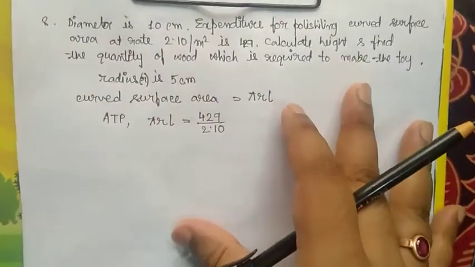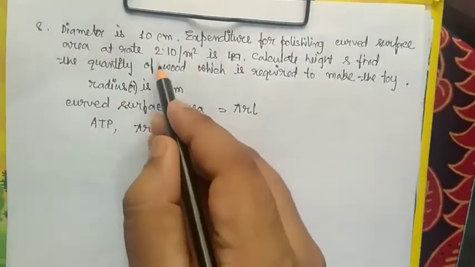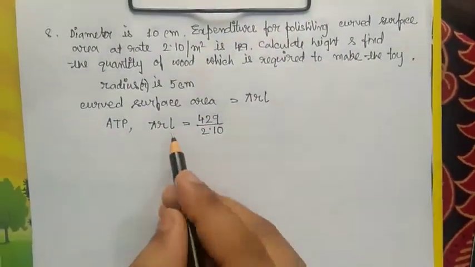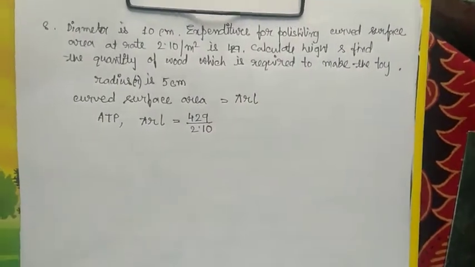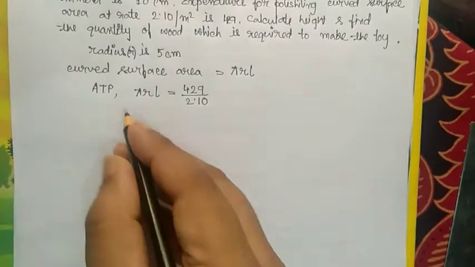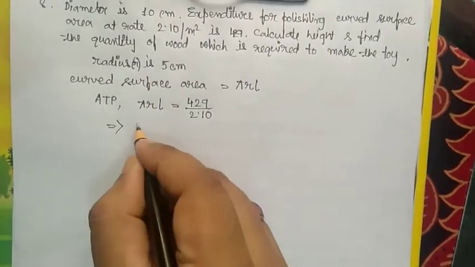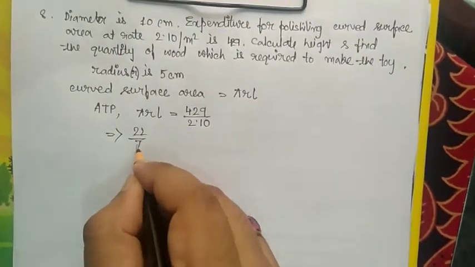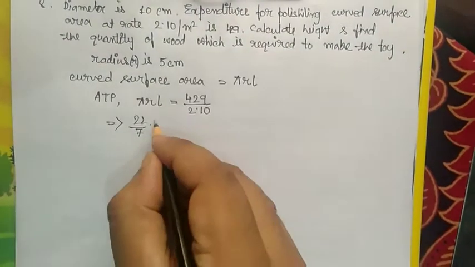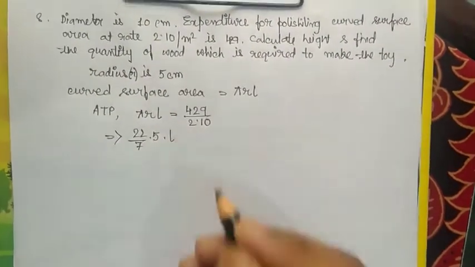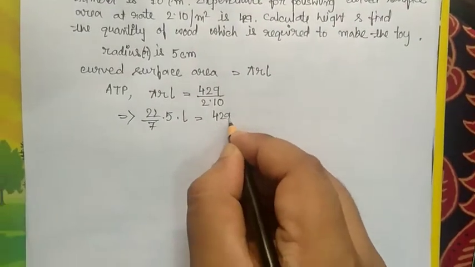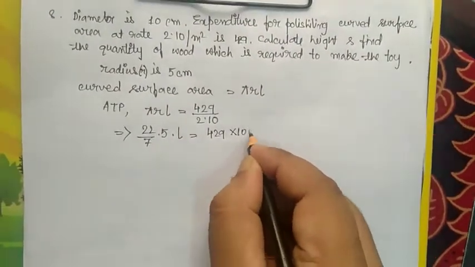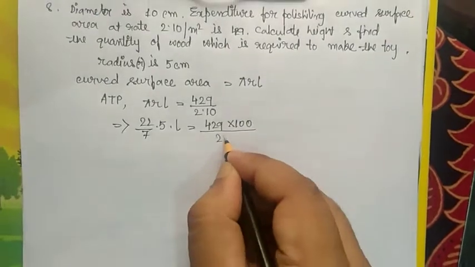So if we divide 429 by 2.10, we get the correct curved surface area, or pi r l. Now putting the value of r here, pi equal to 22 by 7, r means 5, and l, we have to find the value of l, equal to 429 into 100 by 210.